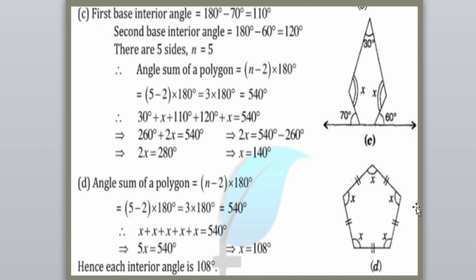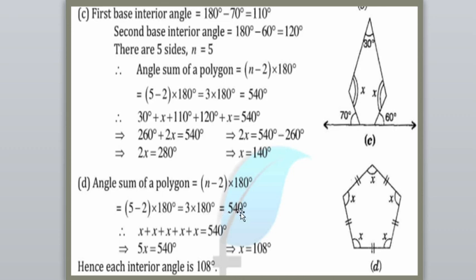So here it is also a pentagon with 5 sides and 5 angles, where all angles are given the same, that is x. So the angle sum of a polygon is (n minus 2) into 180 degrees, and here the number of sides is 5. So that is 5 minus 2 into 180 degrees equals 3 into 180 degrees, which is equal to 540 degrees.